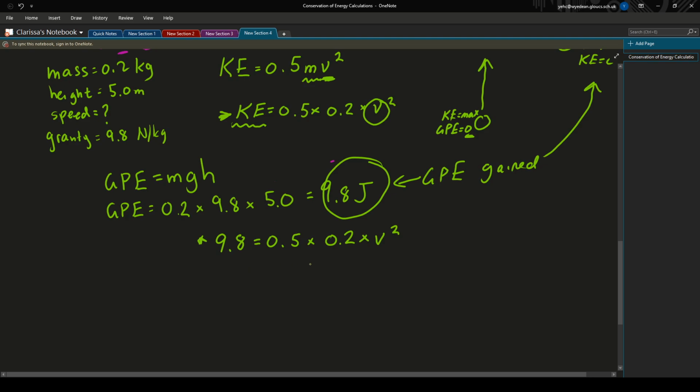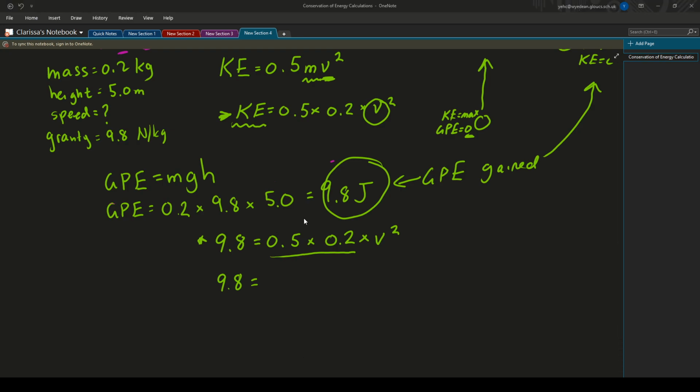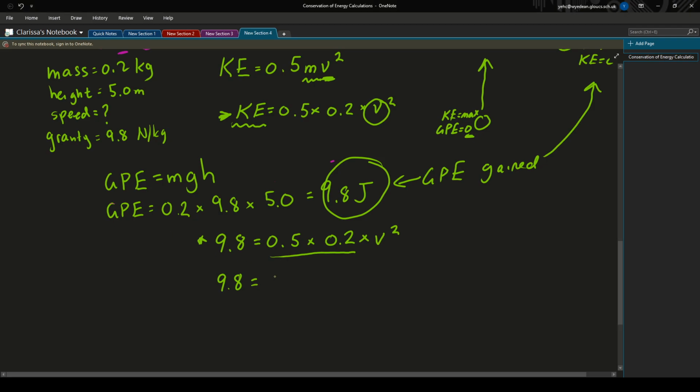Now, as we've done before, we clean it up and then rearrange. So I see two numbers here that I can combine into one to make things easier when I rearrange. 0.5 times 0.2. I've put that in my calculator. I got 0.1 times v squared.